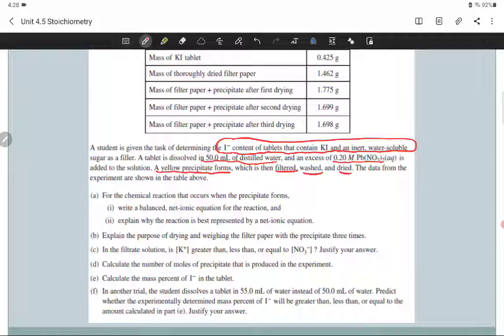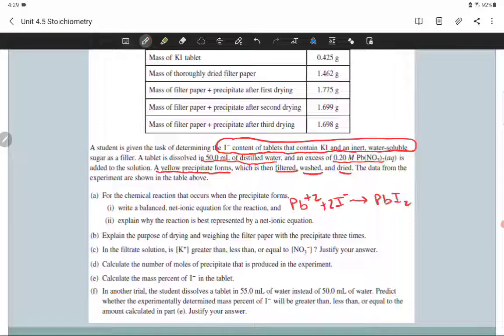Okay, so write a balanced ionic equation. Well, we added lead nitrate. So what part of lead nitrate could form a precipitate? The lead. And also a clue in there was this whole question was about iodine. So I think we're going to have iodine, and I know there's going to have to be a 2 there to balance that, and it's going to make PbI2.